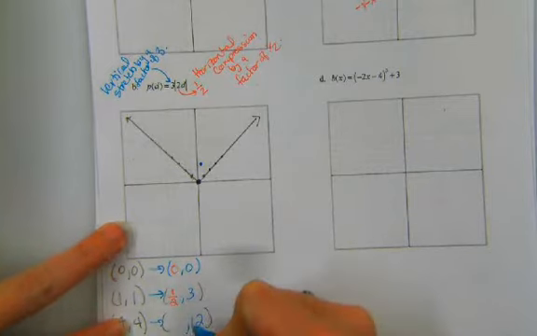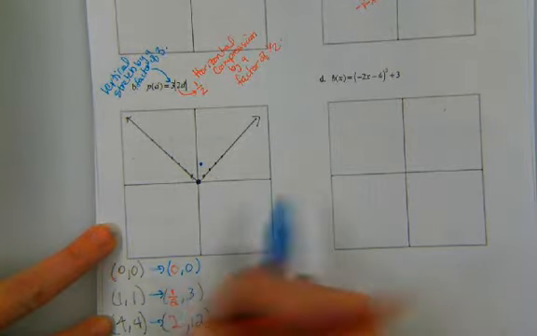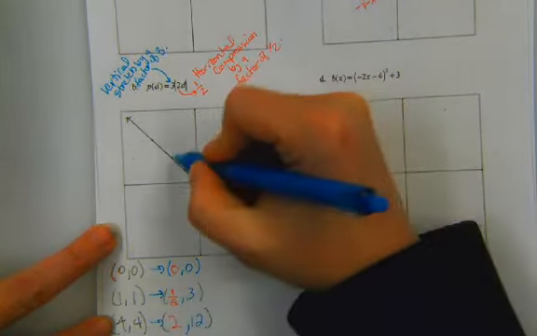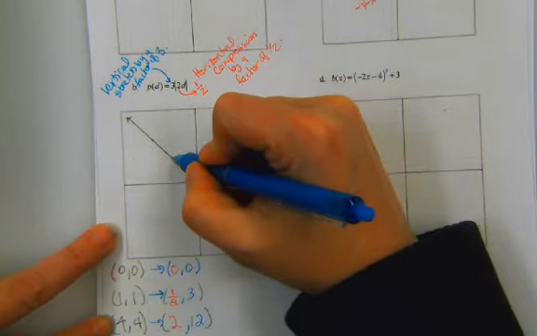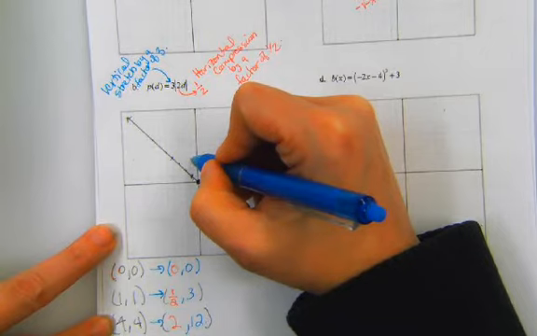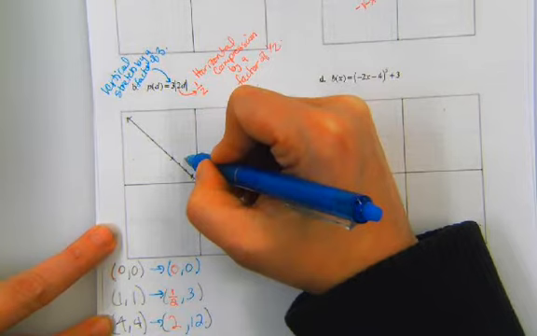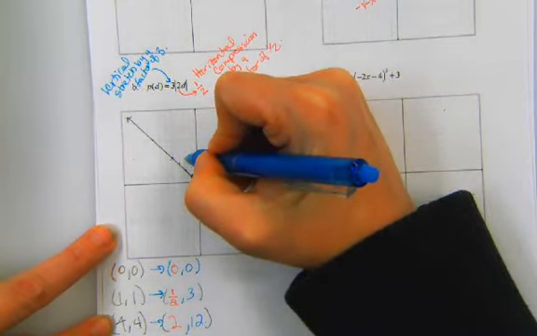And the original ordered pair 4, 4 has now been horizontally compressed, so it's gone closer to the y-axis by 1/2, so that would be going half the distance here, and then amplified up 12, so this would be 4, 5, 6, 7, 8, 9, 10, 11, 12, so it now would look right up here.